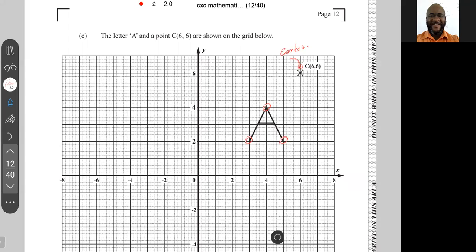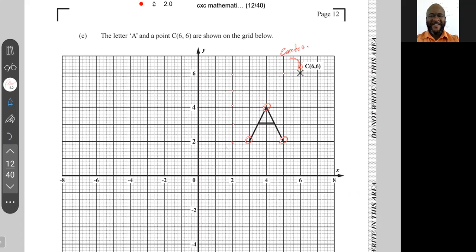Now, to get from the center to the top point of A, I have to go 2 units to the left and 2 units down. If I double that distance, it means I must go 4 units to the left, 1, 2, 3, 4, and 4 units down, 1, 2, 3, 4.